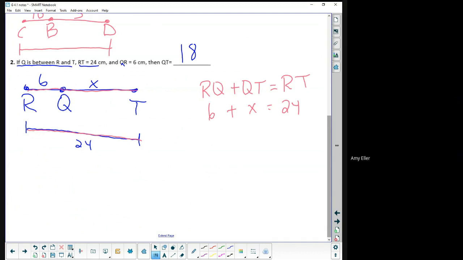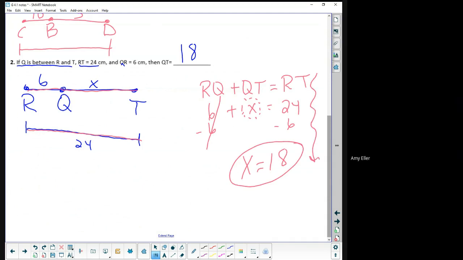I do regular algebra. I'm trying to get my variable by itself. So I subtract 6 on both sides. I get 18. This is the process we will go through for all of the harder questions that cannot be done with mental math. Any questions so far on segment addition postulate?